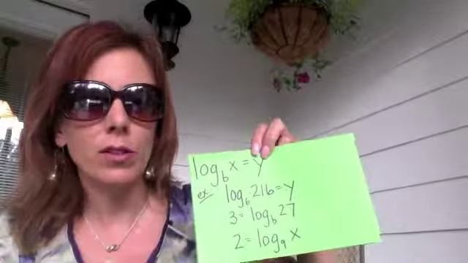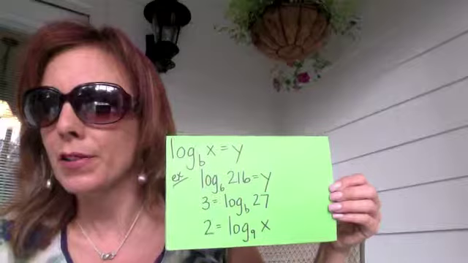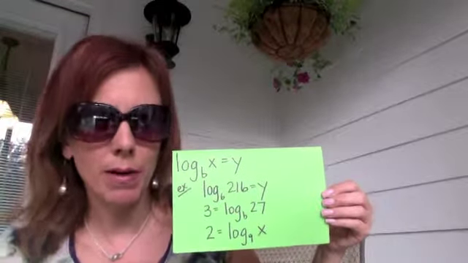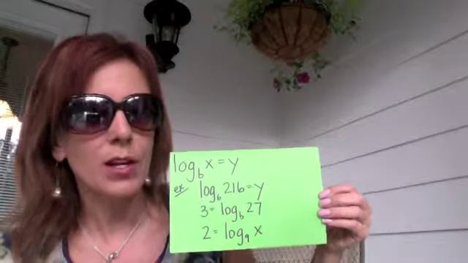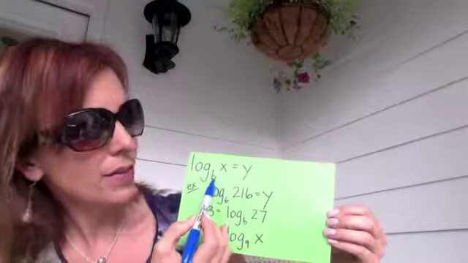So I want you to take a second and internalize this. When you take something written in logarithmic form and rewrite it as an exponent, you're always going to start with the base. The base of the log is where you start. So we're going to start with b.